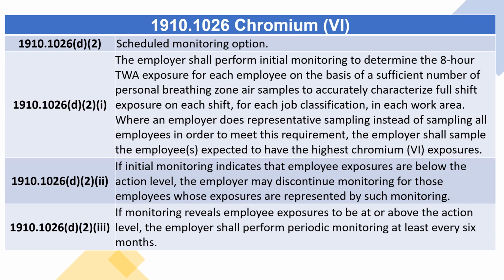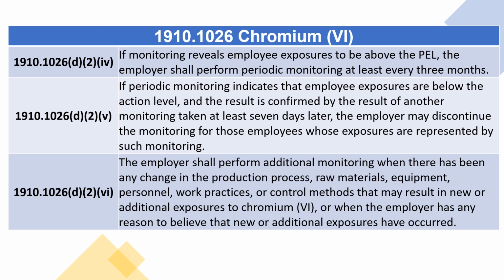If monitoring reveals employee exposures to be at or above the action level, the employer shall perform periodic monitoring at least every 6 months. If monitoring reveals employee exposures to be above the PEL, the employer shall perform periodic monitoring at least every 3 months. If periodic monitoring indicates that employee exposures are below the action level, and the result is confirmed by the result of another monitoring taken at least 7 days later, the employer may discontinue the monitoring for those employees whose exposures are represented by such monitoring.